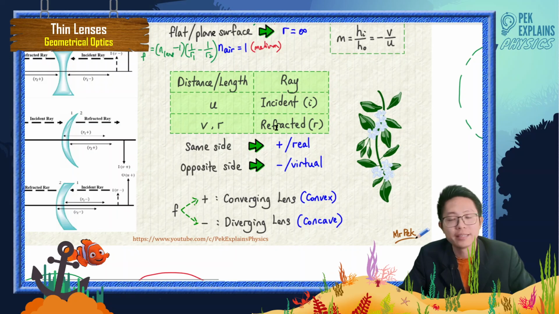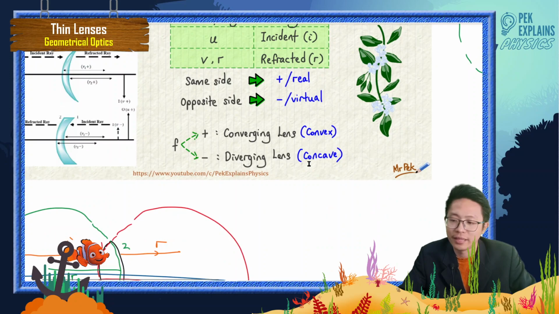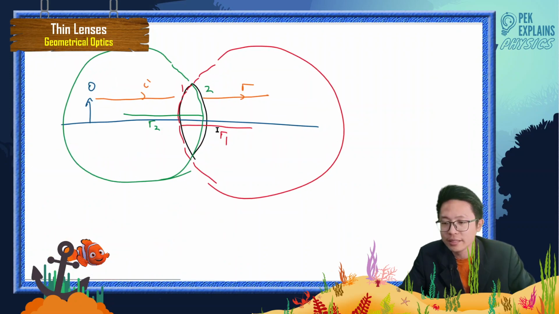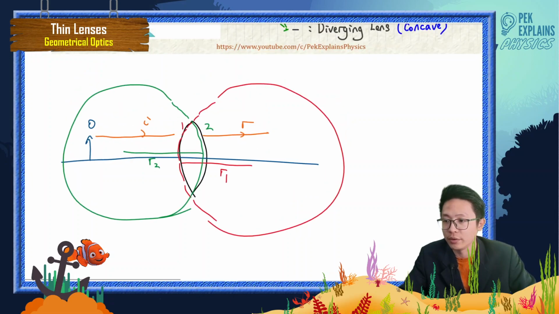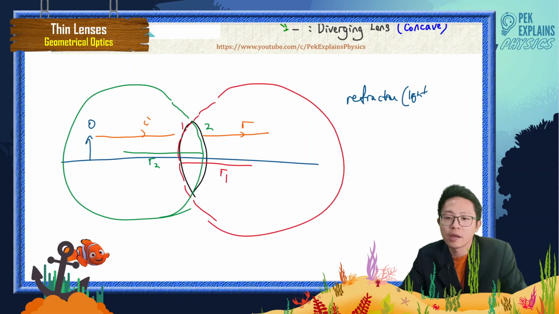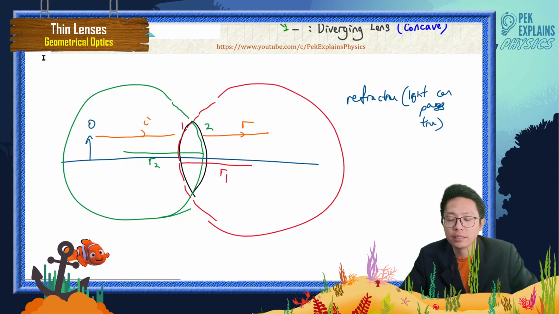If opposite side, it's negative. This radius is on the same side as the refracted ray. I compare, because the light can pass through. This is what we call refraction. For refraction, the light can pass through.